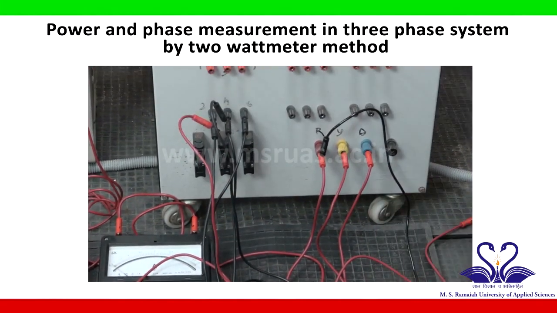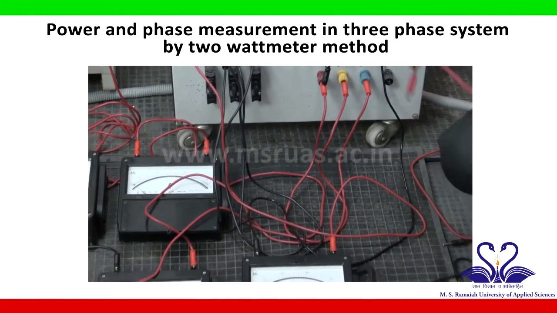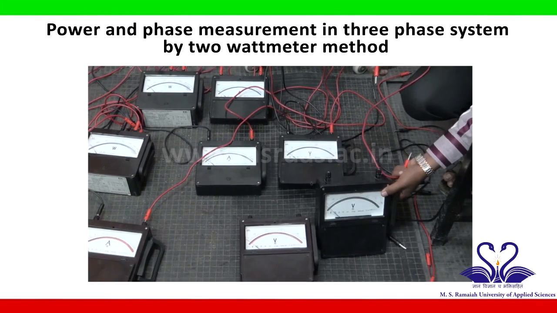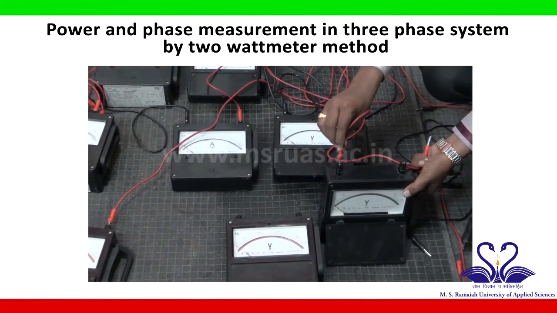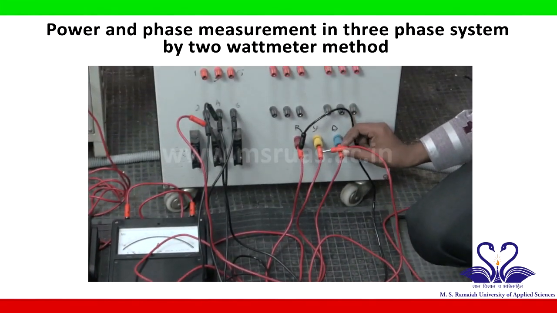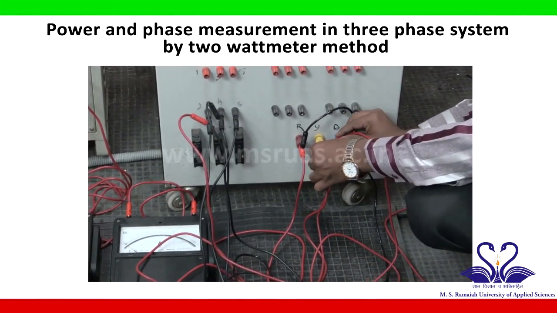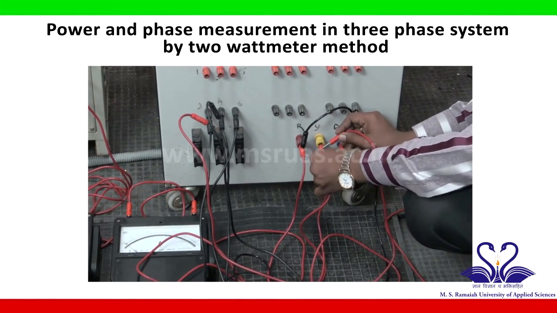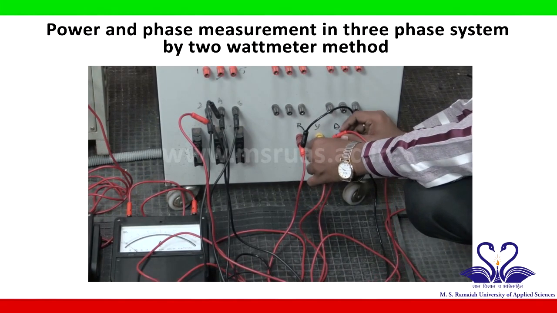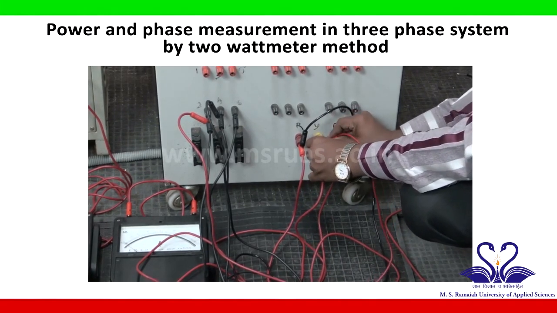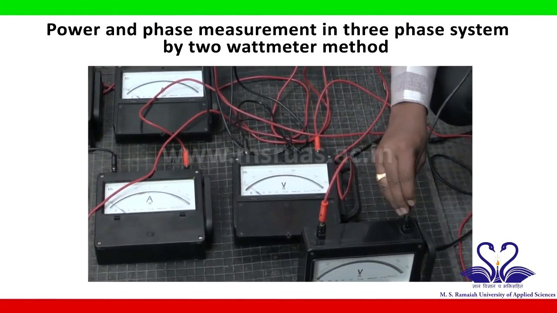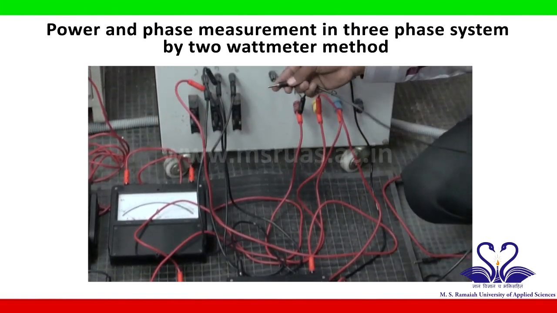Now, in a similar way connect one voltmeter across Y phase and neutral of Y phase. This is one end of the voltmeter, it is connected to the Y phase. The other end of the voltmeter is connected to the neutral of Y phase.